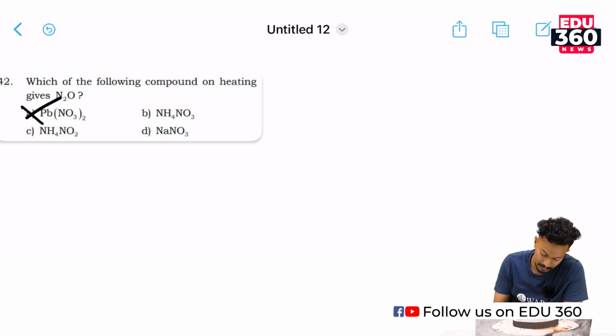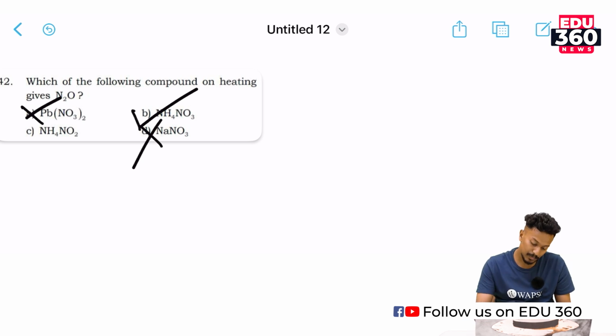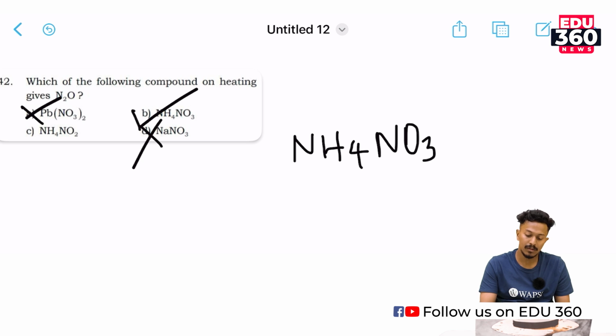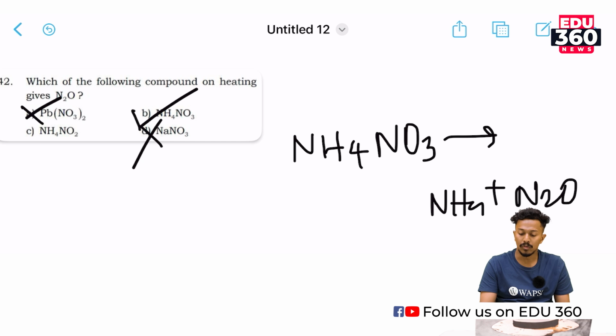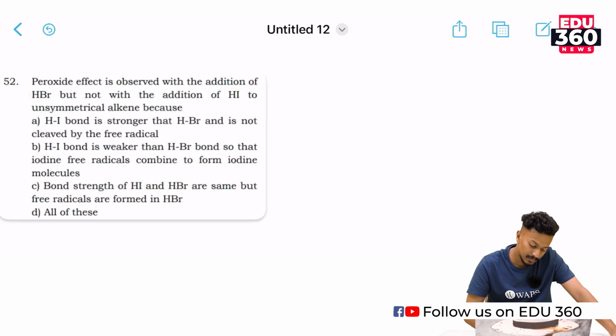Lead nitrate does not give it, sodium nitrate does not give it. The correct option would be option B, NH4NO3. This upon heating gives N2O. Okay, this is the correct reaction. Moving on to the next one.